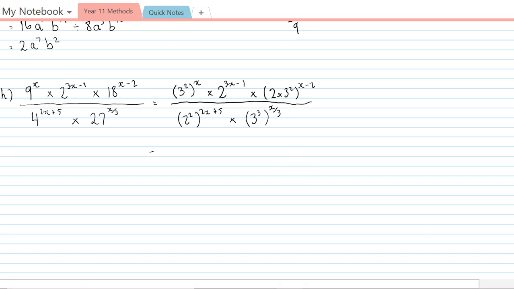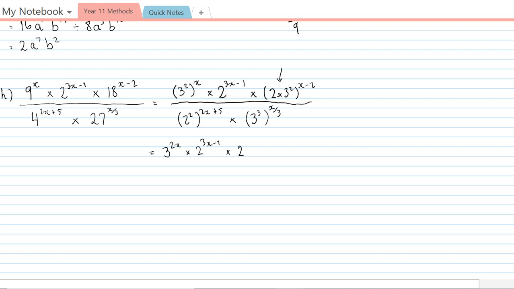Next thing I'm going to do is expand these out. So 3 to the power of 2 to the power of x becomes just 3 to the power of 2x. In this one here, we have two things inside the bracket, so each of them gets raised to the power.